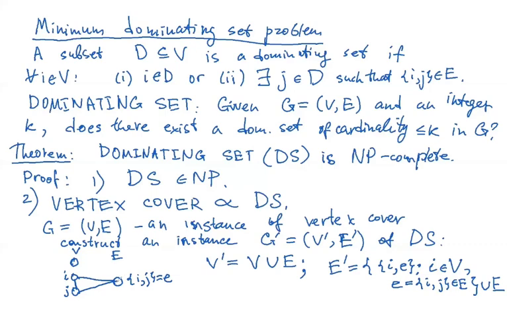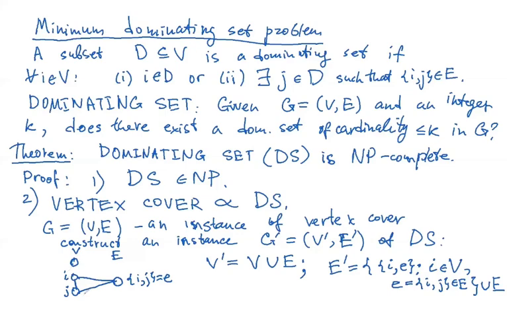So by replacing this vertex with either I or J, the set will still remain dominating in graph G prime. And therefore, this way we can replace every vertex from the set E in the dominating set in G prime with a vertex from the set V.